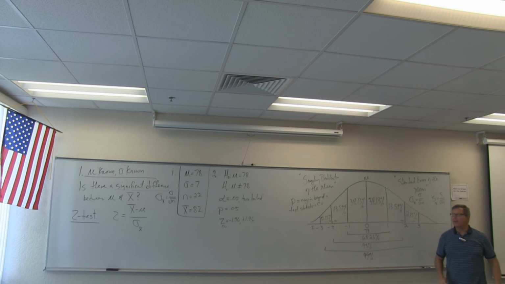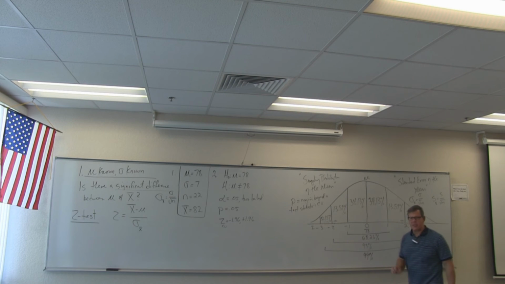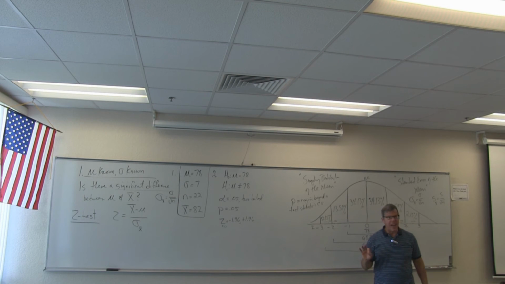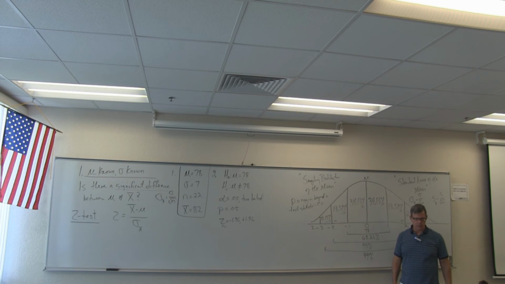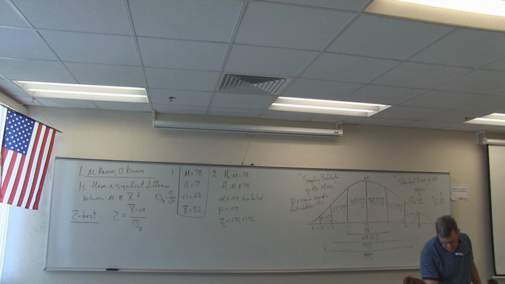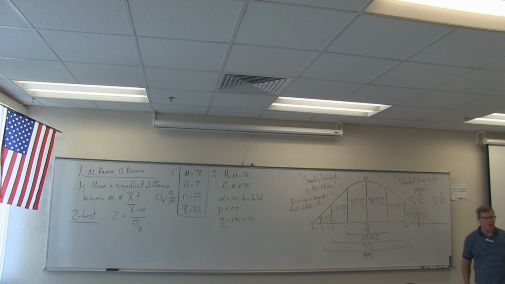Go to the z-table, negative 1.96. This is very important that we get this right. Go to a z of negative 1.96. You're going to see the number 0.0250.